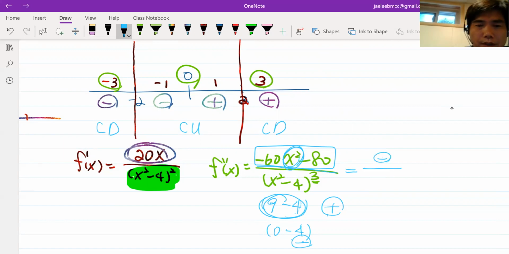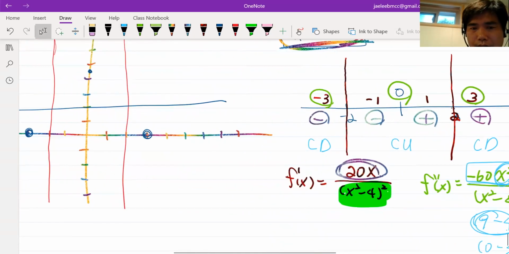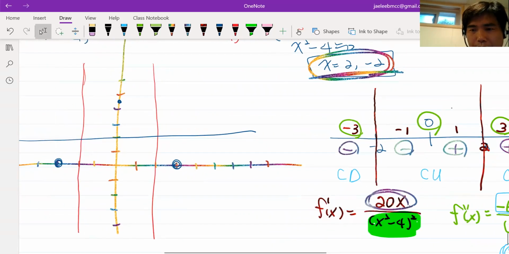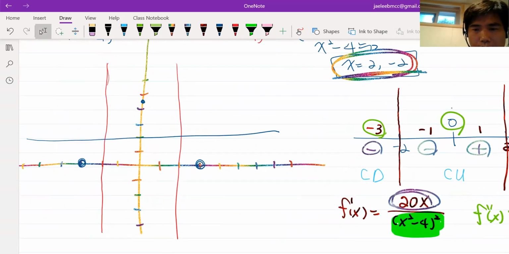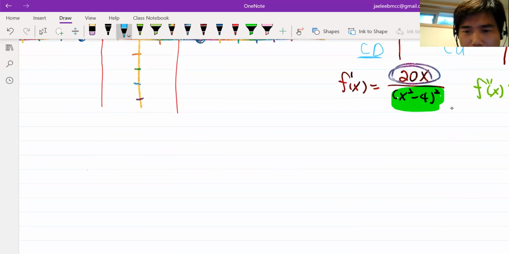Okay. Then now we are going back here. So based on this, until -3, actually until 0, but we have a vertical asymptote, it never touches here. So this should be negative and decreasing, and then CD. Okay. So we have a concave down, this shape here.